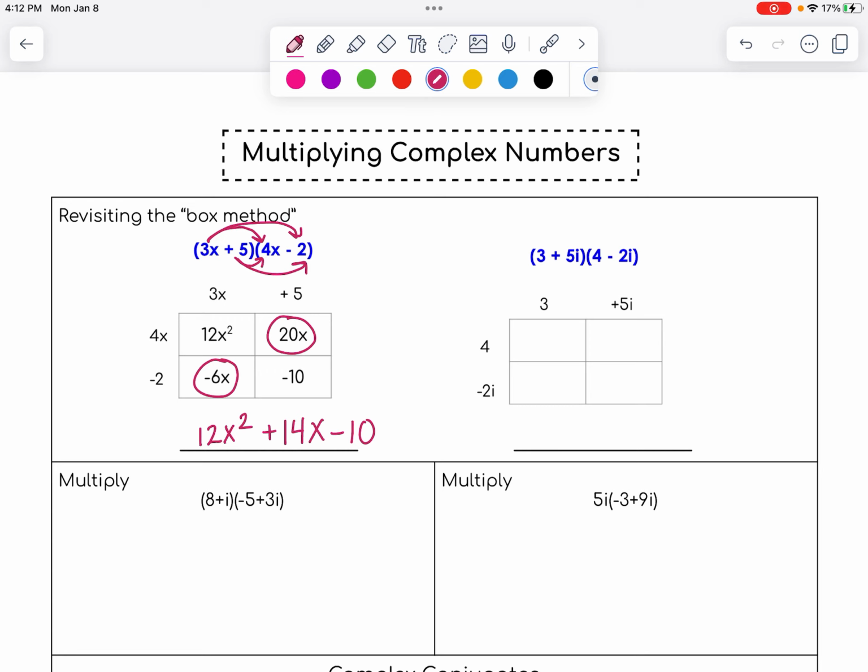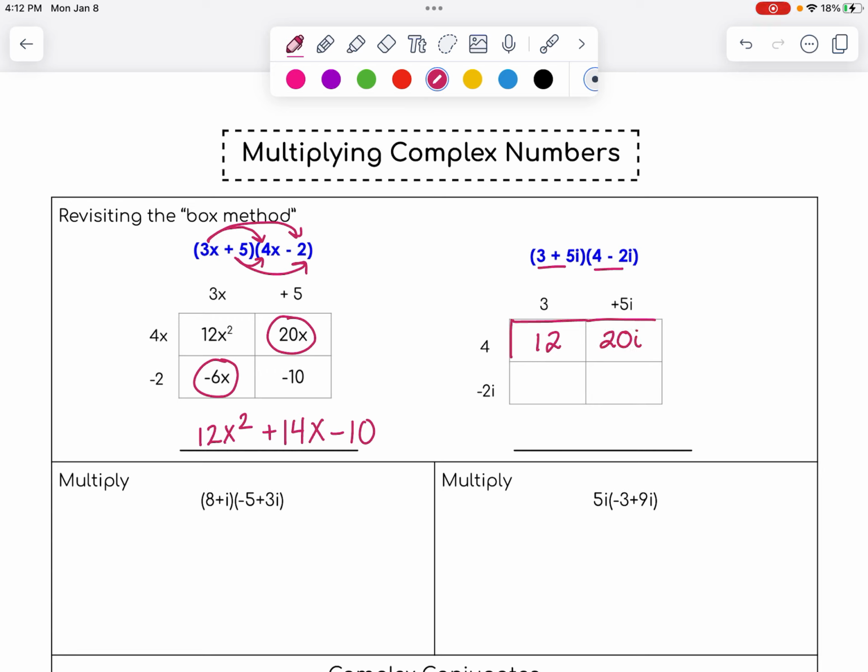So we have the complex number 3 plus 5i, and we're multiplying it by 4 minus 2i. As we multiply these, if you set up the box method, the first one we have is 4 times 3, which is 12. Then I have 4 times 5i, and that's 20i.